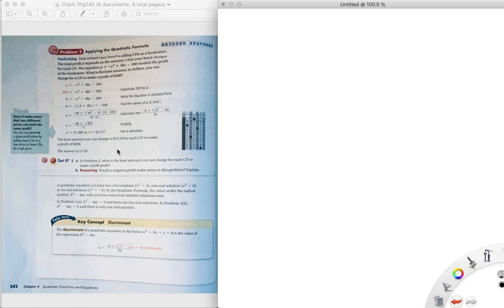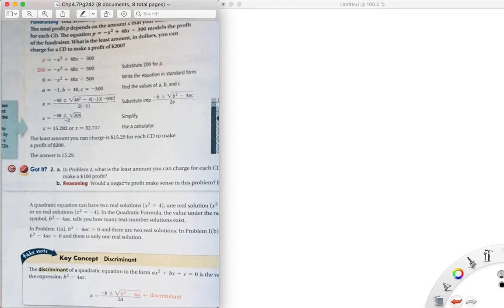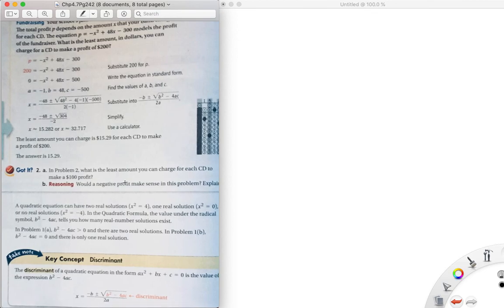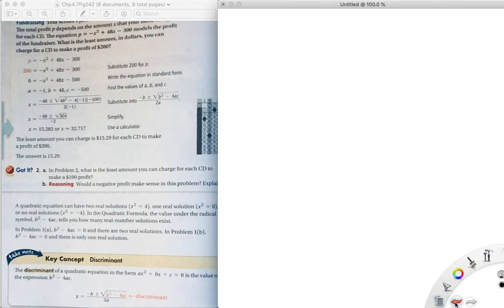Here we have a word problem. It says, what is the least amount you could charge for a $100 profit? Actually, so again, our equation is going to be negative b plus or minus the square root of b squared minus 4ac over 2a.